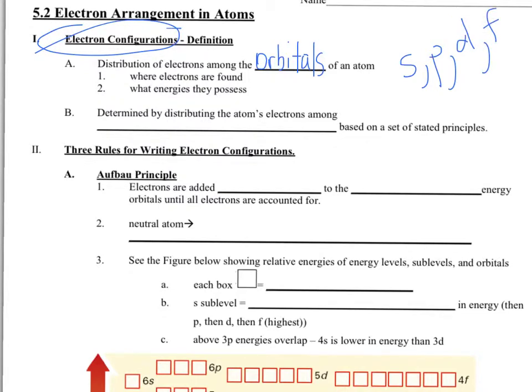So basically it's saying where electrons are found and what energies they possess. So this is determined by distributing the electrons among the different sublevels and levels and orbitals.